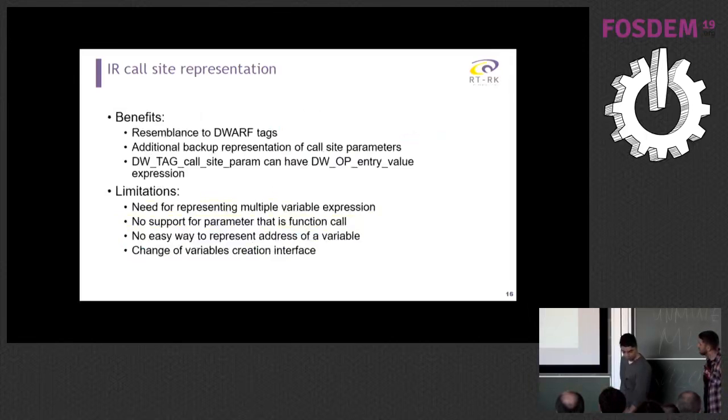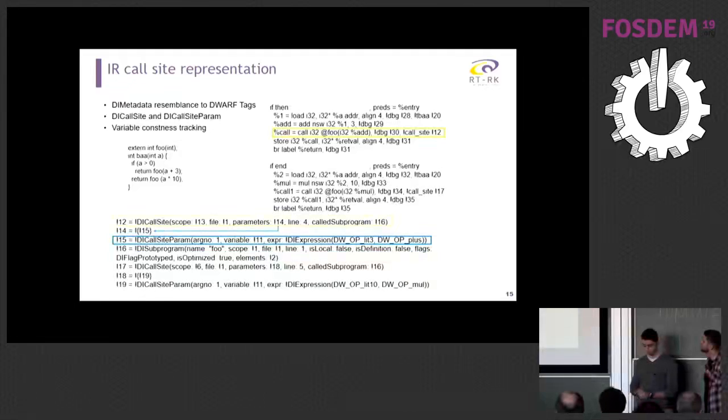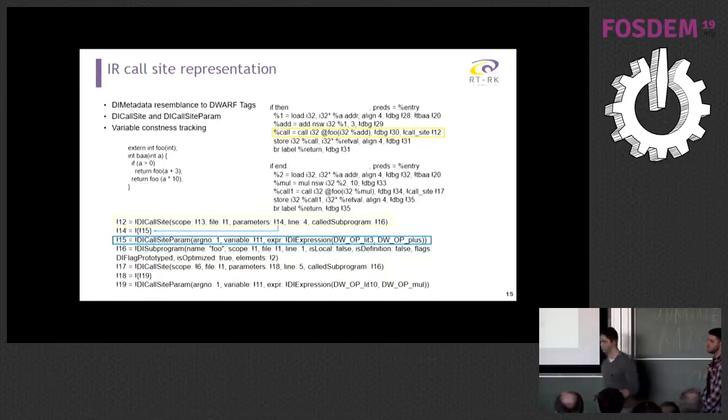And the call site param has an argument number, a reference to variable metadata, and an expression over that variable. If the called argument is a constant, we would have only the expression which represents the constant. This DICallSiteParam is used as a backup location for catching this parameter at entry.